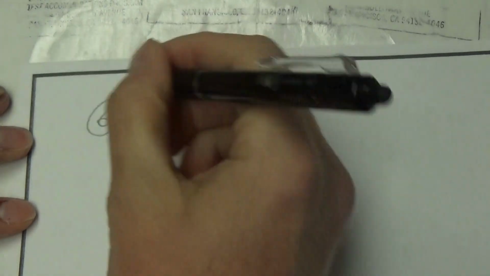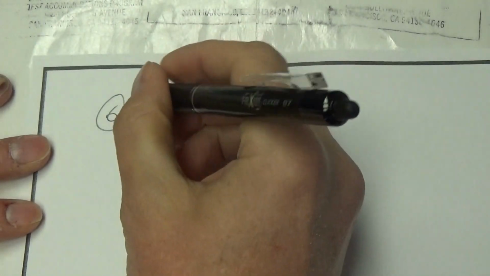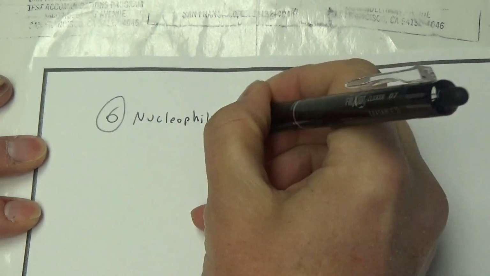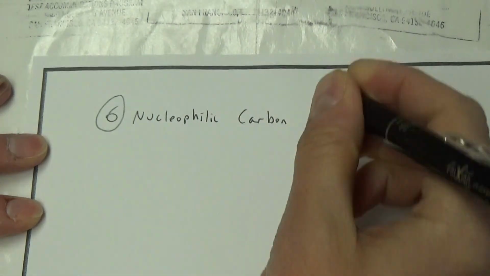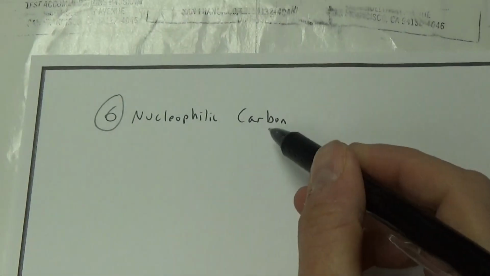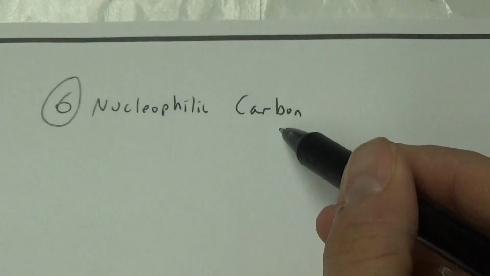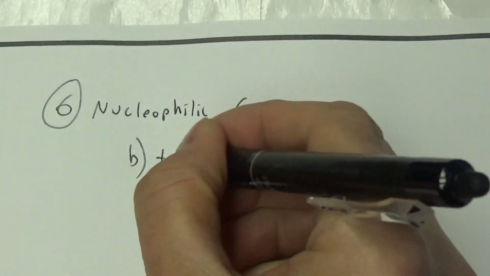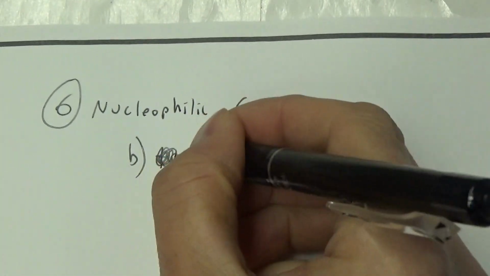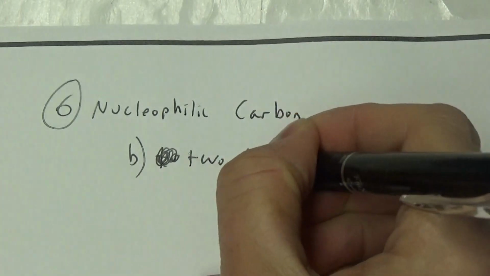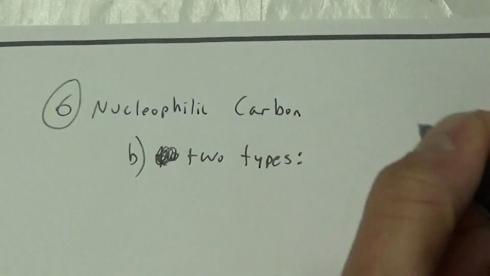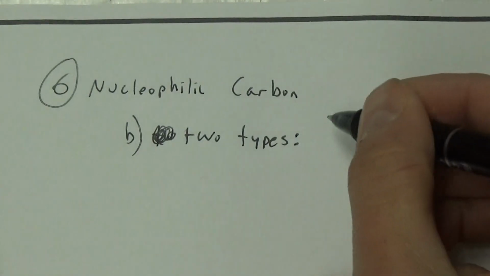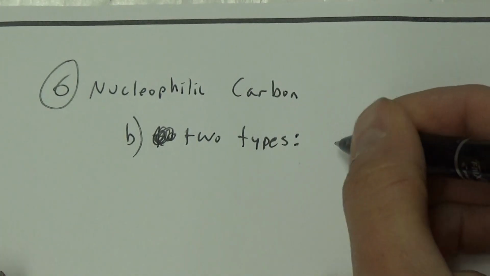Okay, so we're on number 6 still, nucleophilic carbon. It's carbon being nucleophilic due to the presence of a negative charge. There are 2 types of this. Basically, 2 types of metals attach to the negative charge.